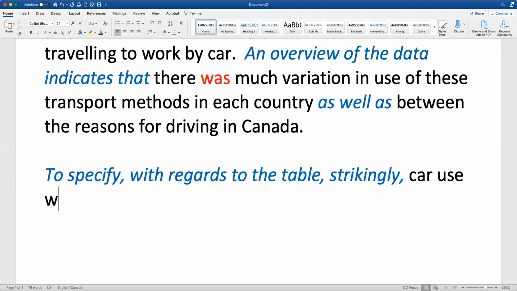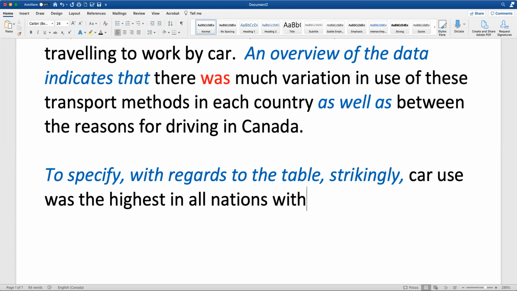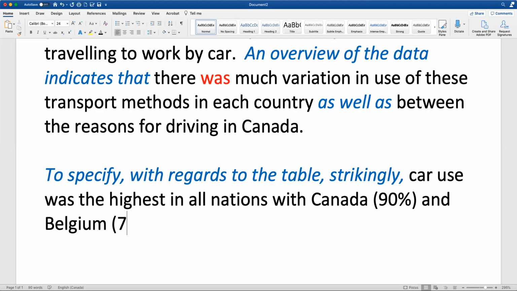Car use was the highest in all nations. With Canada 90%. And Belgium 72%.